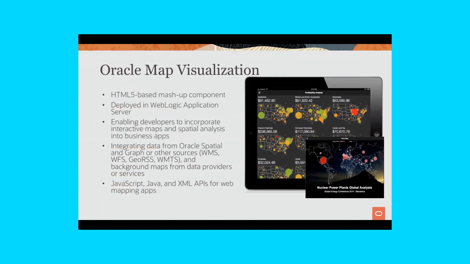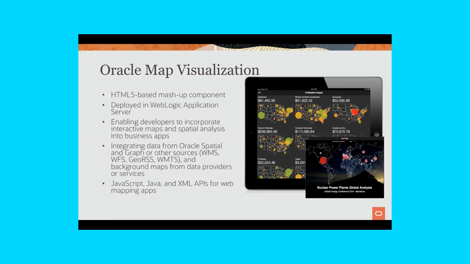So this map visualization component has two distinct parts to it. One is a JavaScript API, which is called HTML5 based JavaScript API. If you're familiar with any of the JavaScript APIs like Leaflet or Google Maps API, this is very similar. You can take this JavaScript API and then use the Oracle map visualization component in the database and build very complex web mapping applications.